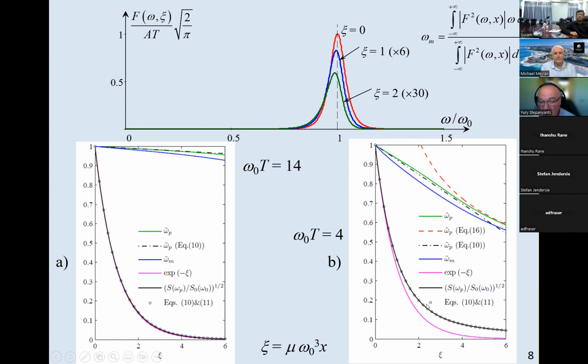But in fact, if we take into account that we have to reconsider the equation when the frequency shifts, and so if we follow every time the maximum, the peak value of the spectrum, this means, for example, if we consider a green line, that at this frequency, the decay rate is different than at frequency zero.